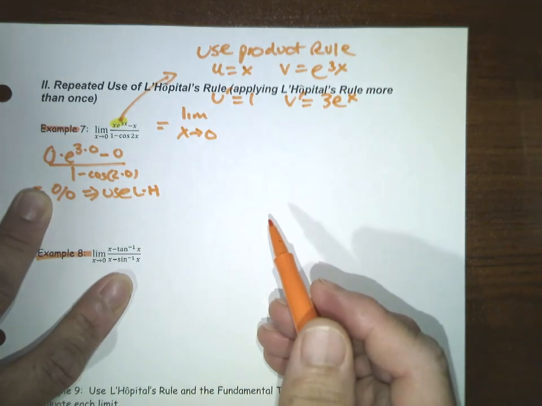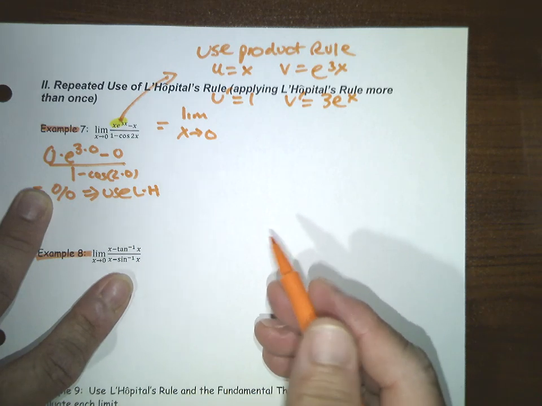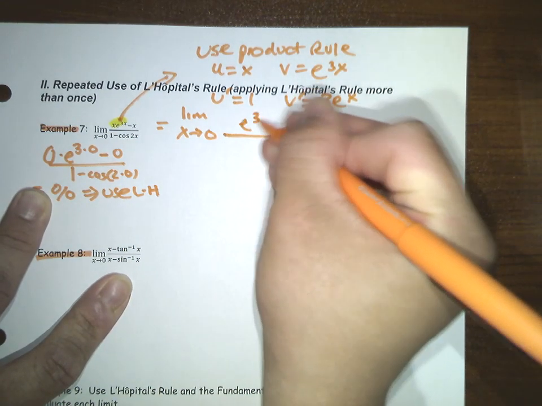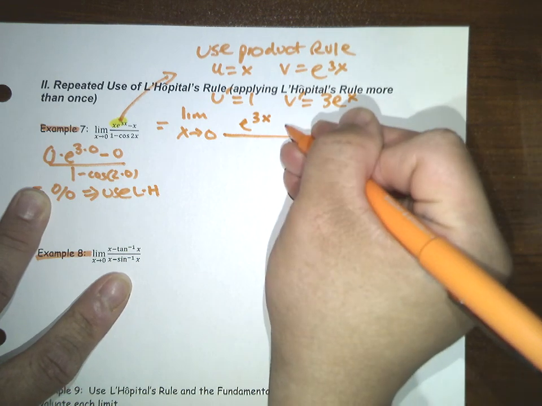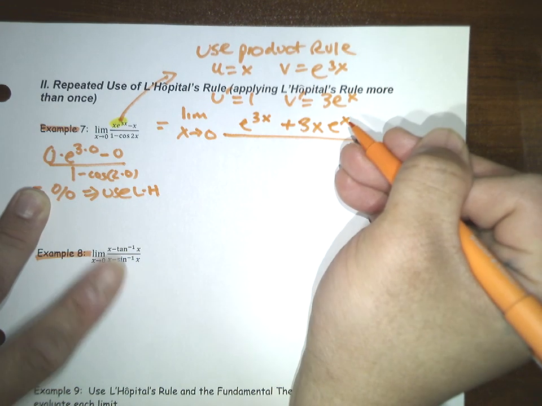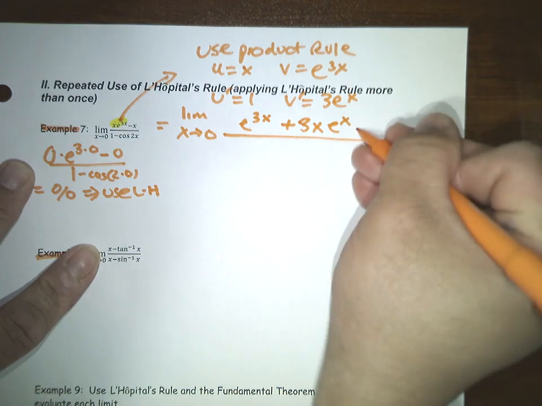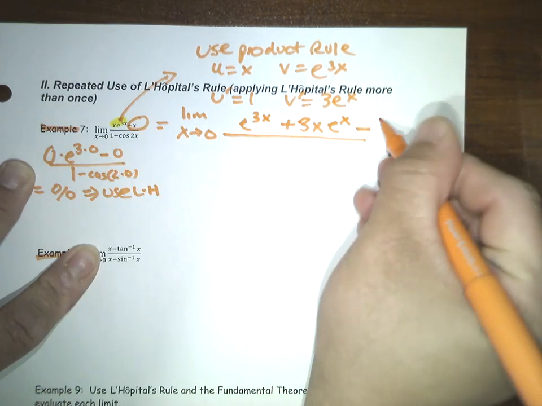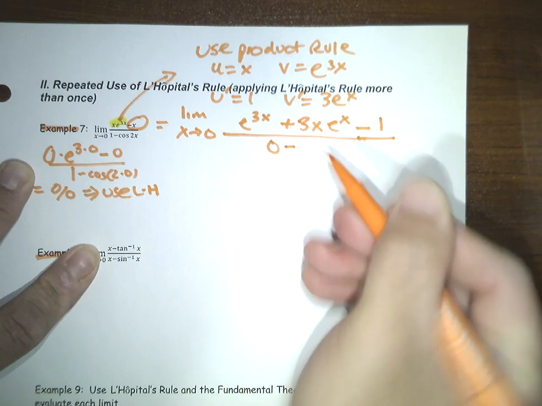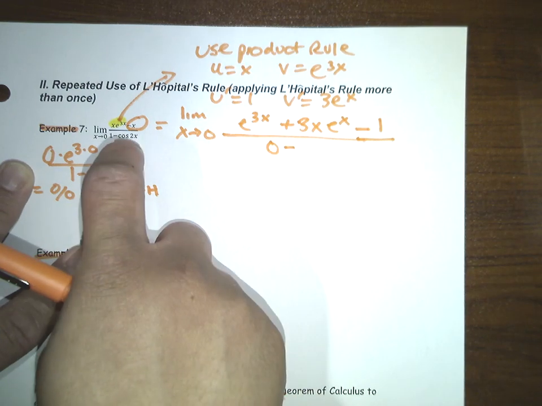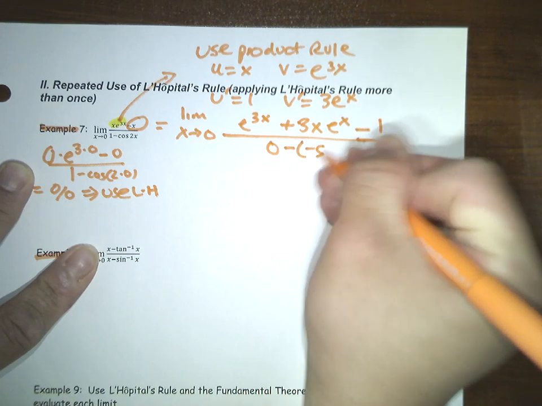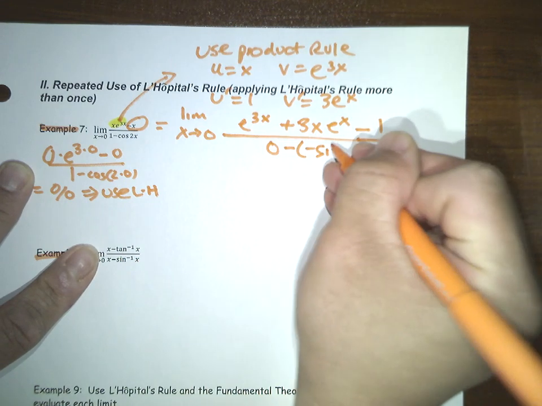So what do I have here? In the numerator, e to the 3x, then plus 3x e to the 3x, and then minus the derivative of x, so don't forget about that, that's 1, and then all over the derivative of 1, which is 0, and then the derivative of cosine of 2x will be minus 2 sine of 2x.